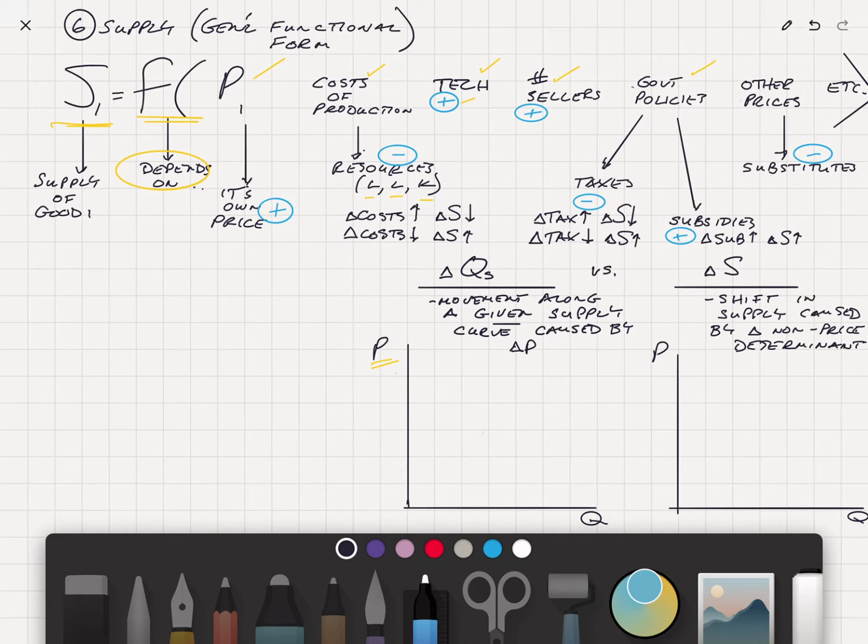We have other prices, the prices of other goods. I could label this P2, comma, dot, dot, to PN. And what this does is it recognizes that the market for good one over here is affected by the prices of other goods. Okay, and what we're going to focus on is the price of substitutes in production.